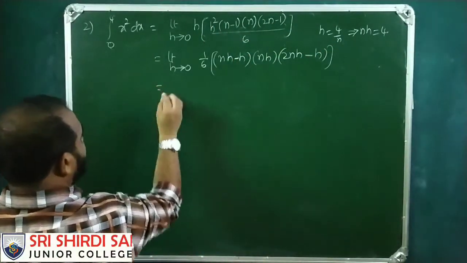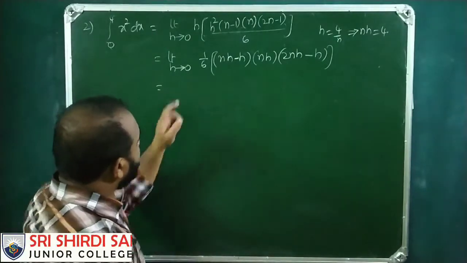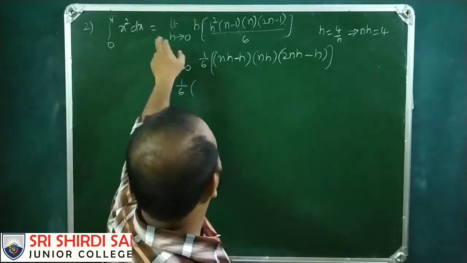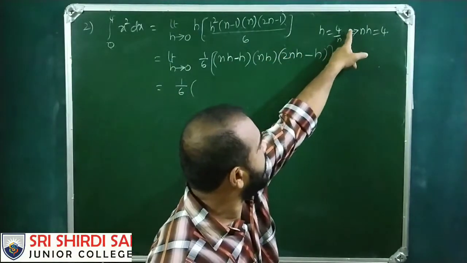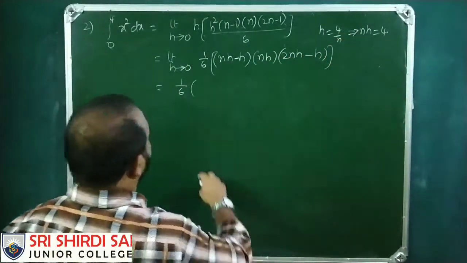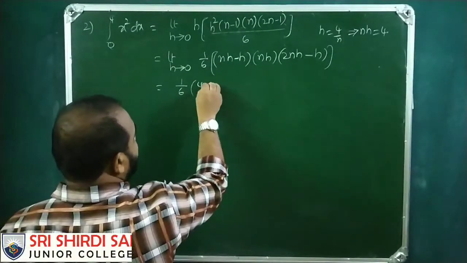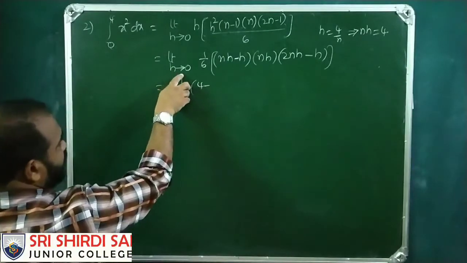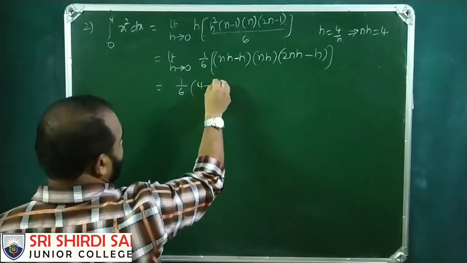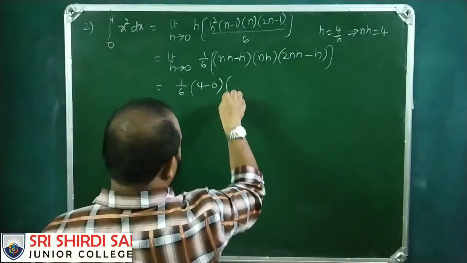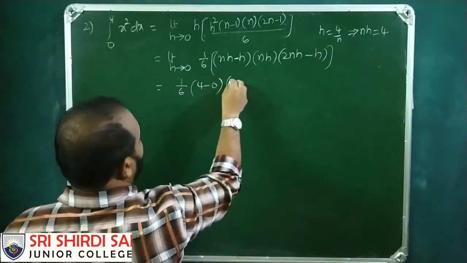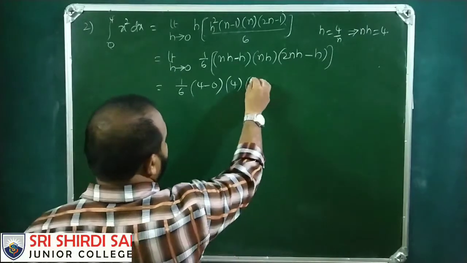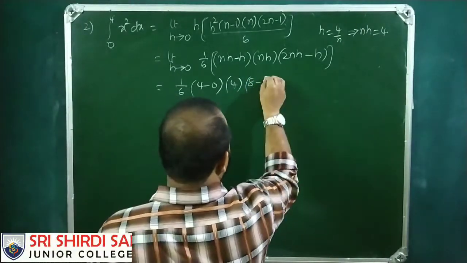Now 1 by 6 into the value of nh. h equals (b minus a) by n, (4 minus 0) by n, so nh equals 4. Let us substitute: as h tends to 0, h value is 0.